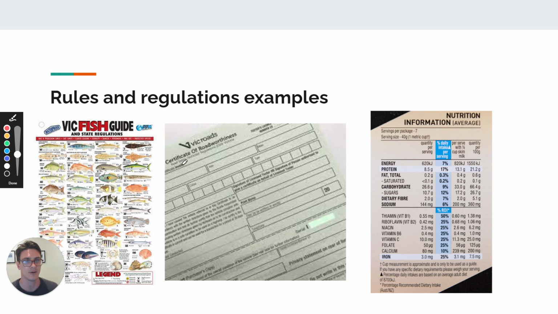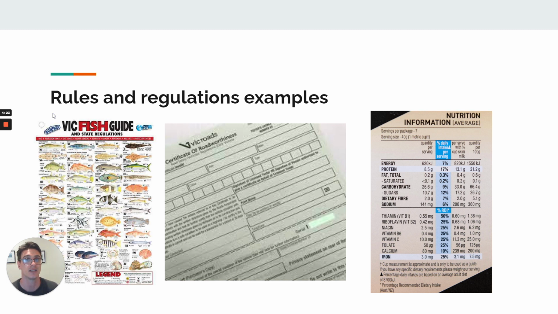The second one here is a roadworthy certificate, and this is really trying to correct the failure of asymmetric information. Remember, we had a look at the market for buying a car, or even if you were going and getting an assessment from a mechanic. What we're trying to do here is correct the imbalance of information.